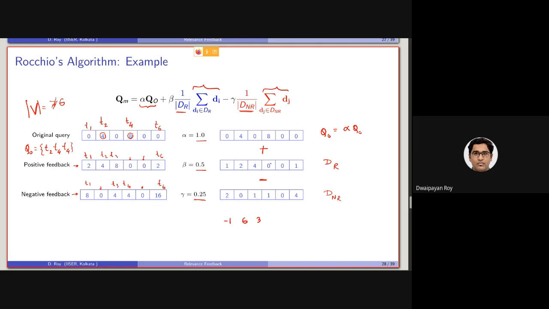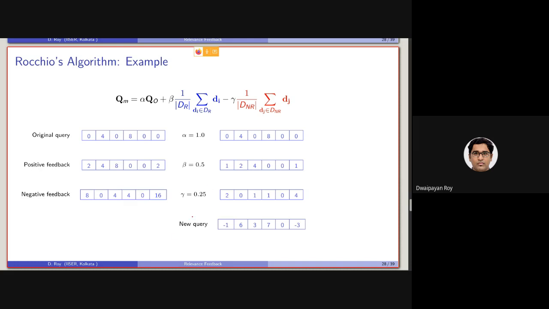For the fourth term, it is 8 minus 1, 7. 0, 0, 0, 0. 0, 1 minus 4, so minus 3. So if we consider the individual weights here for the individual terms, they are basically this. This is the new query associated with term 1, term 2, term 3, term 4, 5 and 6.